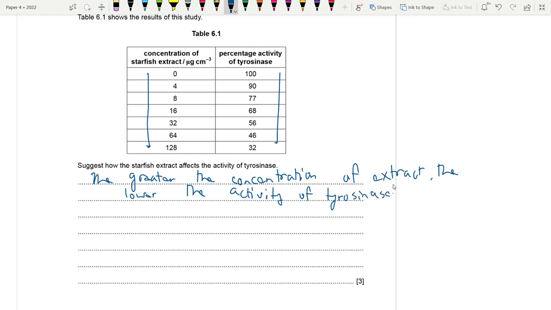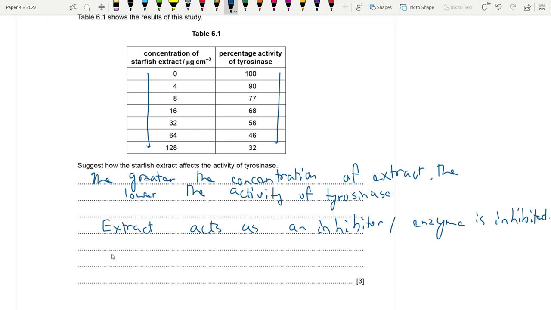All right. Why though? Actually, what is the extract doing? The extract acts as an inhibitor, or you could say that the enzyme is inhibited.